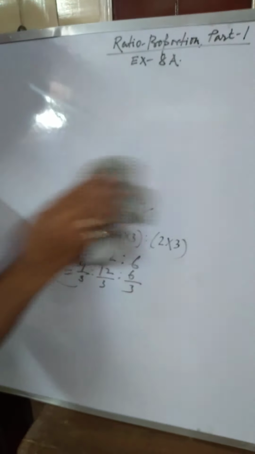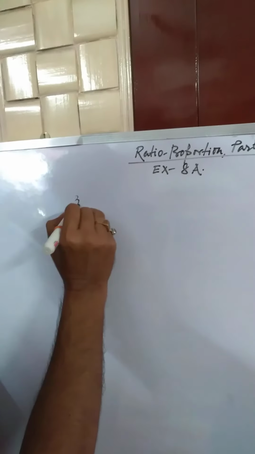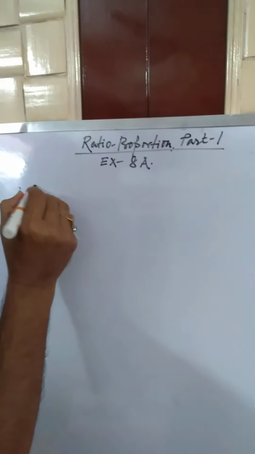So in Exercise 8a, we are going to discuss some numericals. Let's do that one. Exercise 8a. Let us consider question number 3, Roman 3.